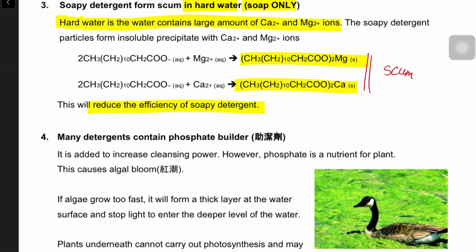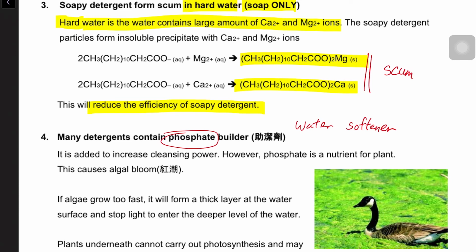So how do people living in the hard water region solve the problem? They will add some phosphate in their water. This is something we call water softener. The major component is phosphate ion, which combines with the magnesium ion or calcium ion.